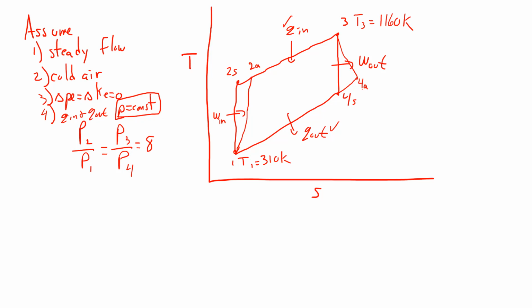So let's find the temperature of the air exiting the turbine, which would be state 4, the actual outlet temperature. Let's start at state 3. State 3 has a temperature of 1160 Kelvin.